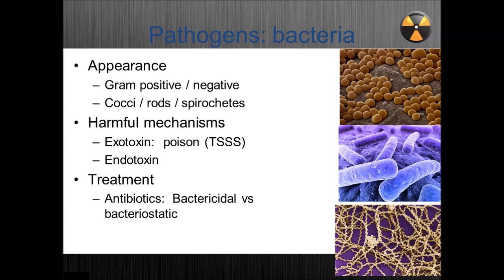It's kind of cool, because if you can find a medicine that can get through the wall of the bacteria and kill it, but it doesn't get through the walls of a human cell, that's the perfect situation, because you don't want to destroy yourself, you just want to kill the bacteria. So that's part of the art of medicine, is trying to find a medicine that will only affect the bacterial cells, but leave your cells alone. Okay?